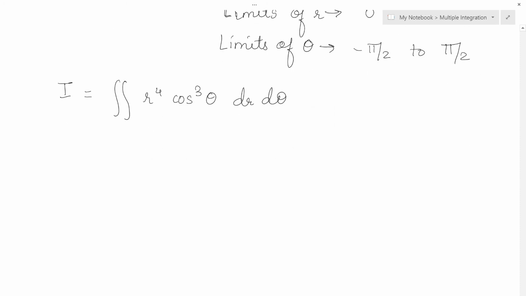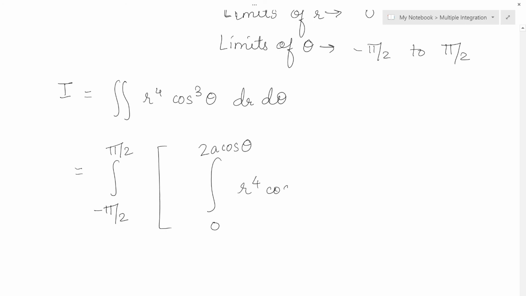And then let me substitute the limits. The limits are minus pi by 2 to pi by 2. Inside limits are 0 to 2a cos theta, right? And here it is same, r raised to 4 cos cube theta. First you will integrate with dr and then with d theta.